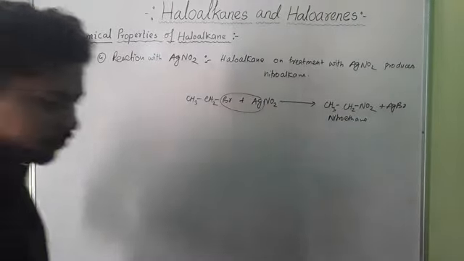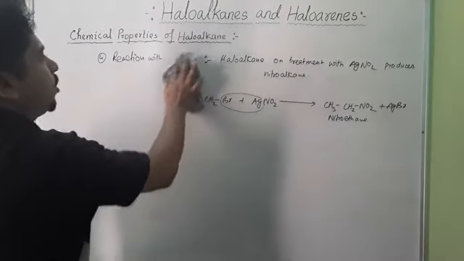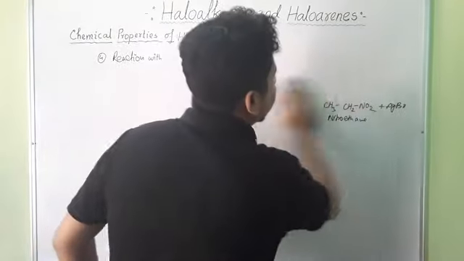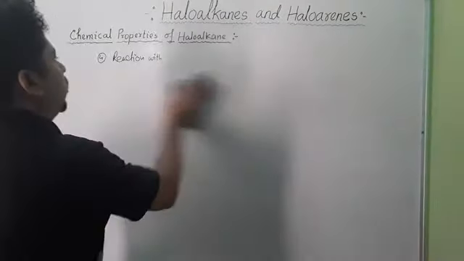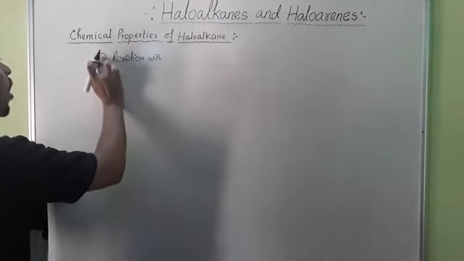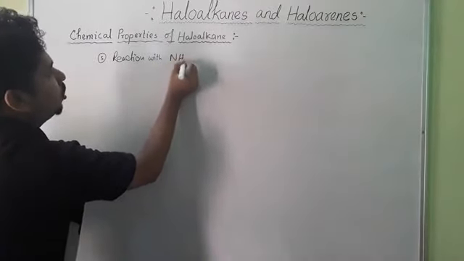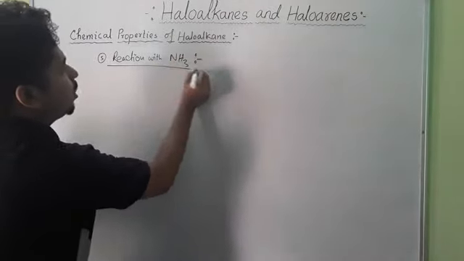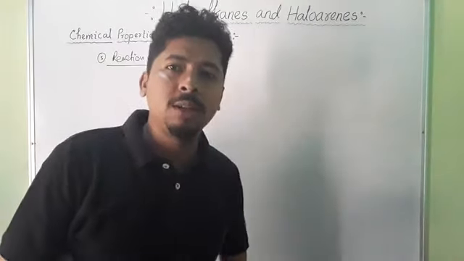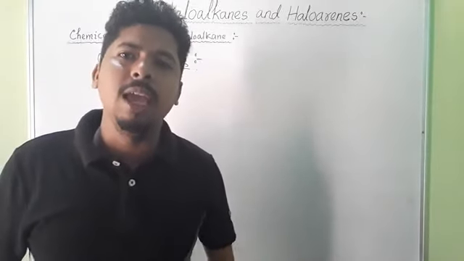Now the next reaction, number 5, is the reaction with ammonia, that is, reaction with NH3. Haloalkanes on treatment with ammonia form a mixture of products: primary, secondary, tertiary, and quaternary ammonium salt.